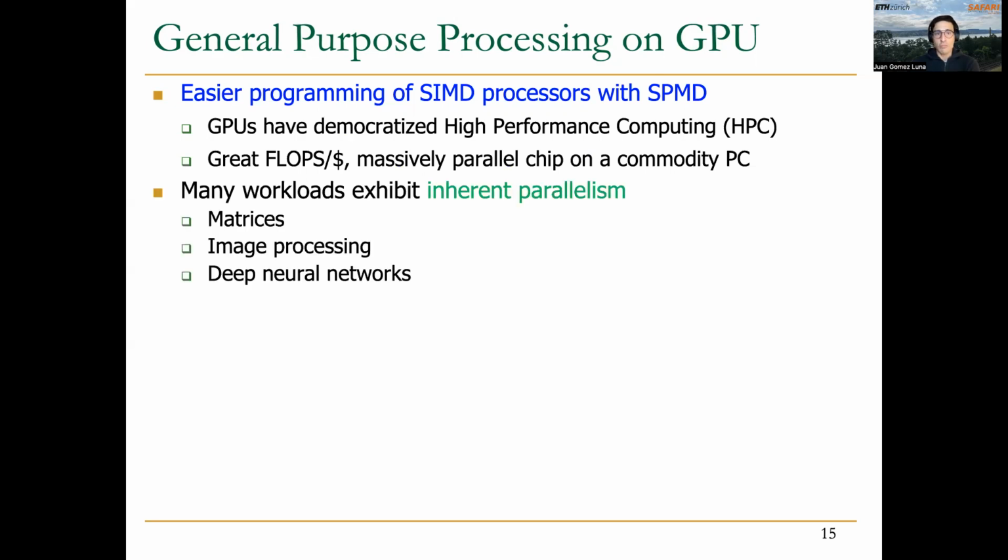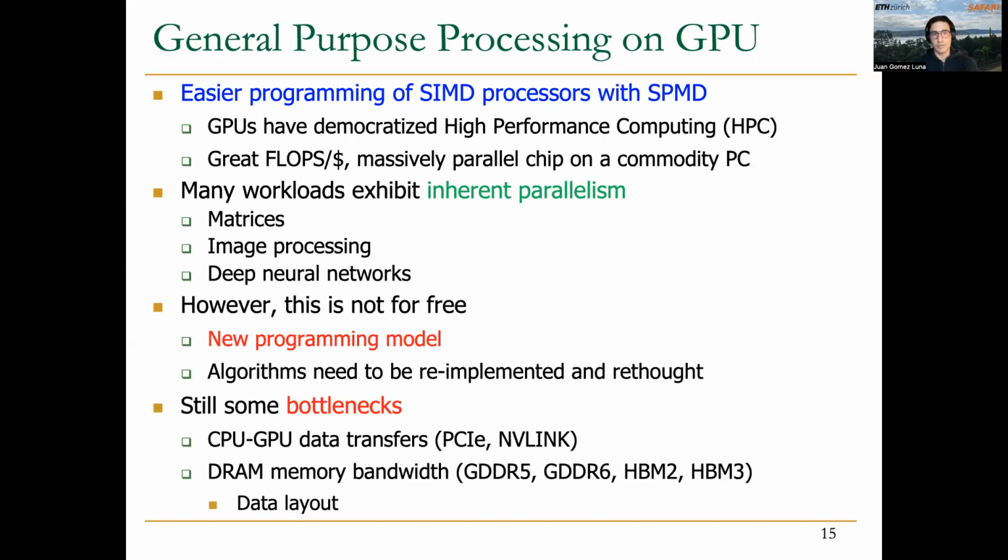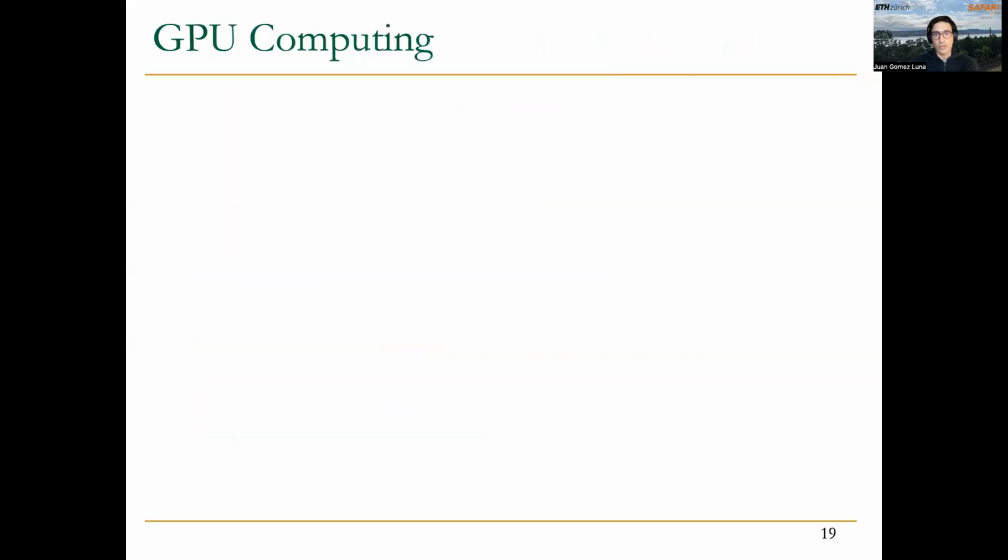And many workloads can benefit from this sort of device, such as matrix computation, image processing, neural networks, etc. But we need to learn to program this system. We need to understand and learn a new programming model, and we also need to understand what the key bottlenecks are when programming this system, and also the ways to alleviate these bottlenecks.